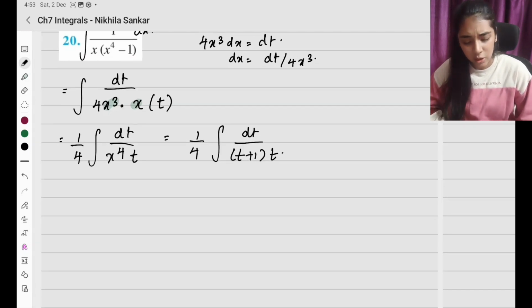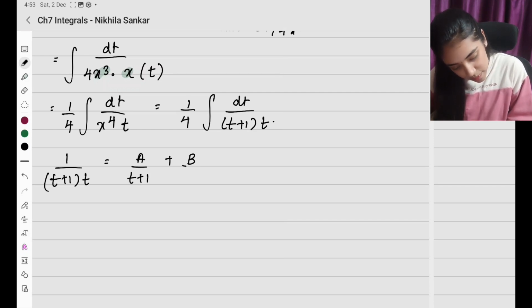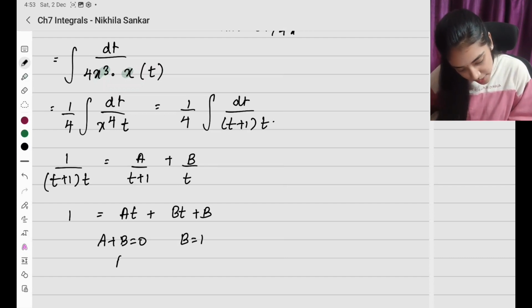Okay, now my integral becomes much simpler, partial fraction. So 1 by (t plus 1) times t equals a divided by t plus 1 plus b divided by t. LCM: at plus bt plus b equals 1, equating a plus b equals 0, b equals 1, a equals minus b, so a equals minus 1.